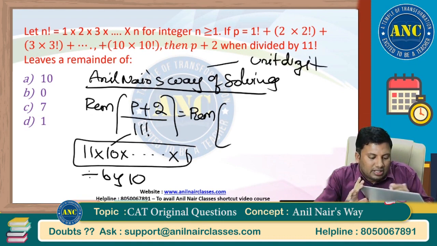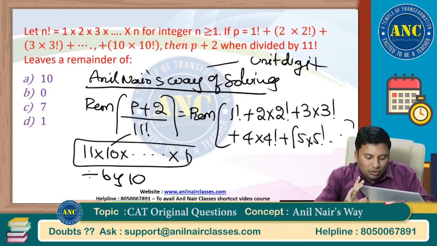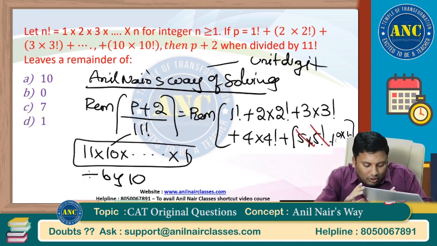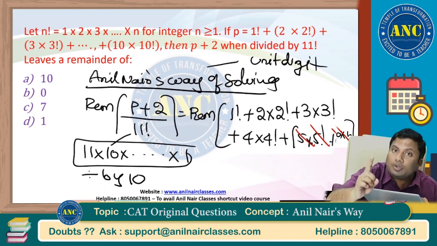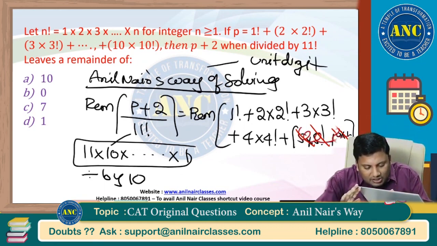Only the unit digit. 1 factorial, 2 into 2 factorial, 3 into 3 factorial, 4 into 4 factorial, 5 into 5 factorial and so on up to 10 into 10 factorial. Now see here sir, 5 into 5 factorial, 5 factorial is 120, it is divisible by 10. All of these are divisible by 10.